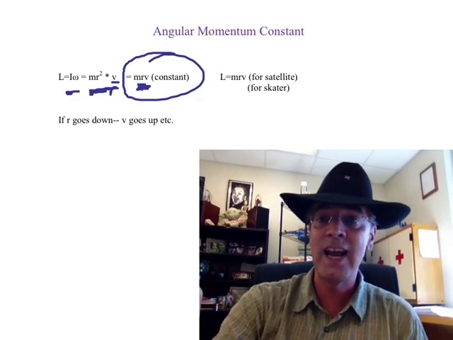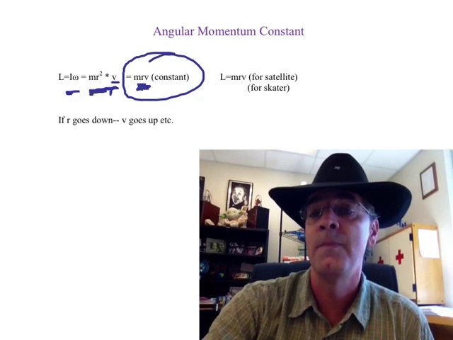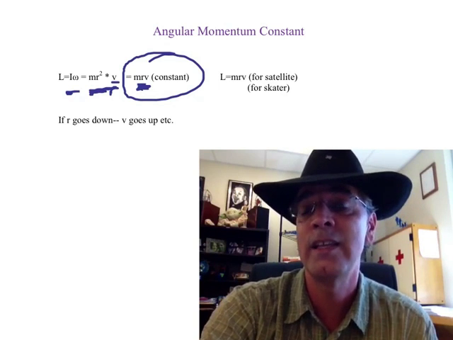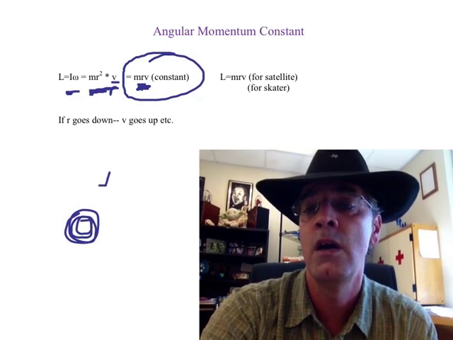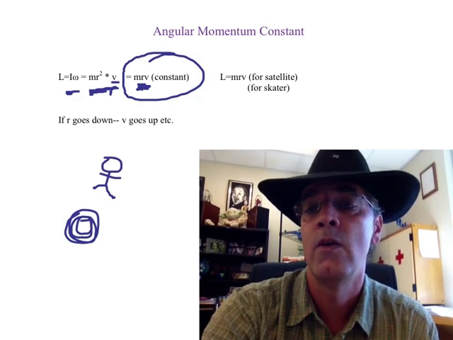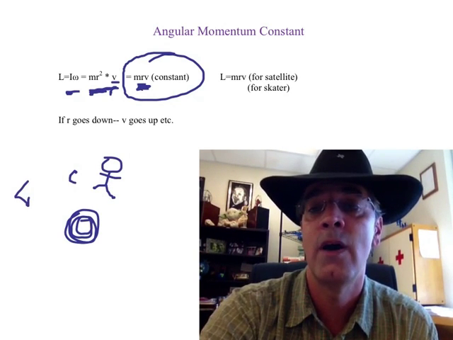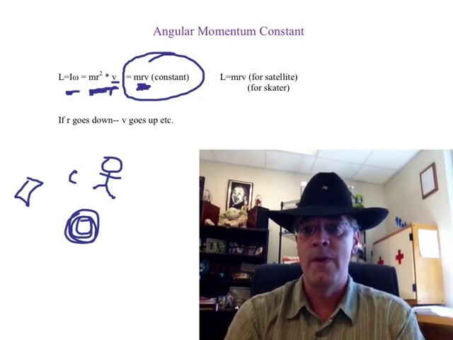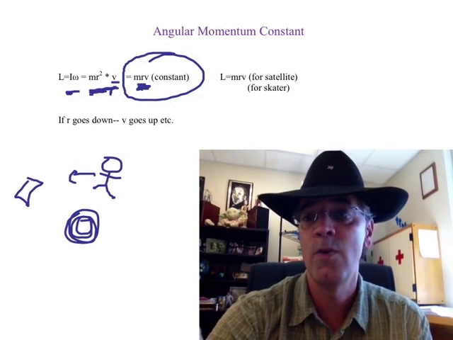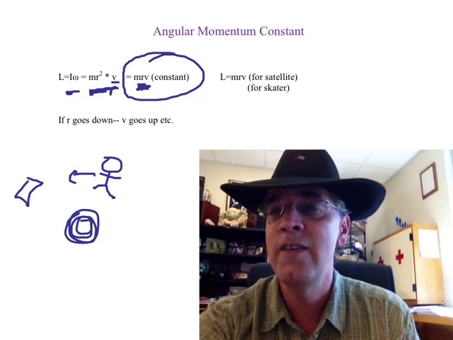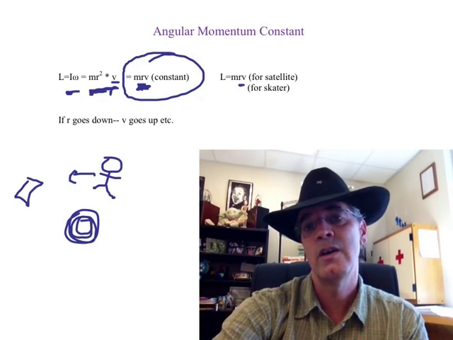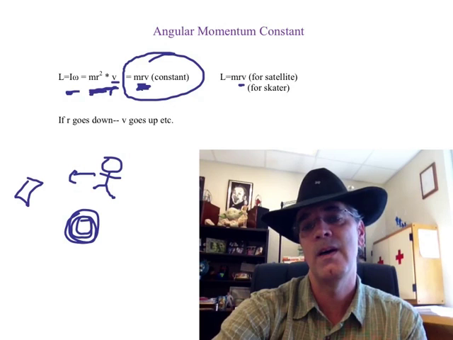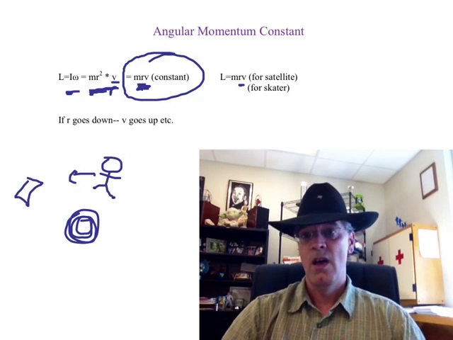The same thing holds true for a satellite. When something's out in orbit, say you want to catch something that's ahead of you in orbit, like this is the Earth, and this is you going around the Earth, and this is a candy bar in orbit in front of you. What happens in orbit is if you change your v faster, it affects your radius. So if you just go faster, you end up spinning way away from the candy bar, and you miss it.